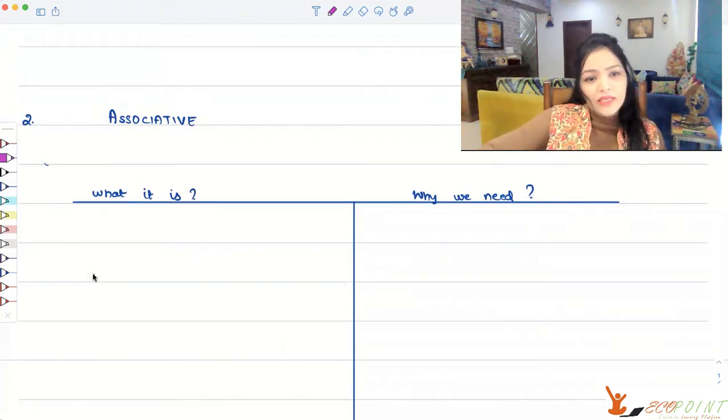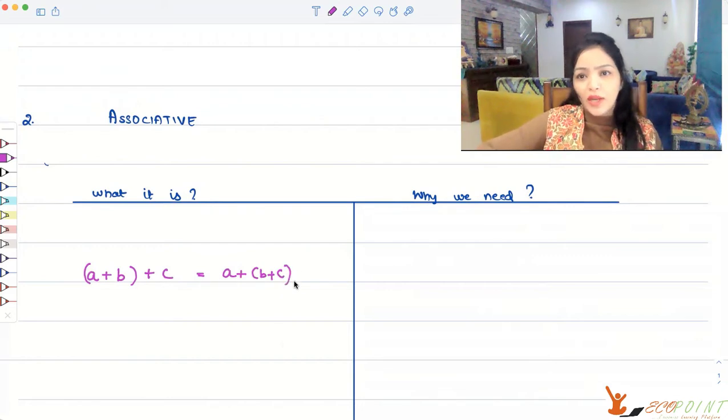Associative means, in terms of addition, that A plus B plus C, where you put your brackets, will not make any difference: A plus (B plus C) equals (A plus B) plus C. The parenthesis will not make any difference. For example, let's take minus 5 plus 6 plus 4.